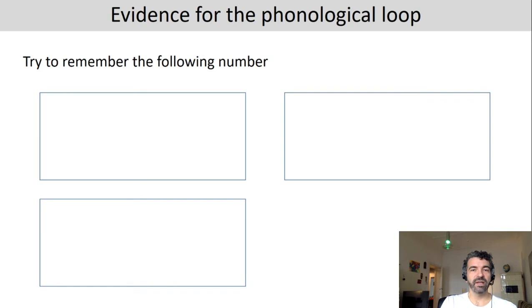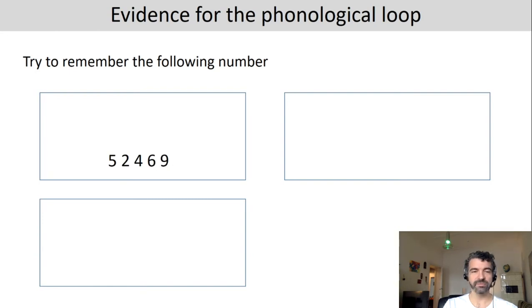Let's have a look at another claim that the working memory model makes, namely that there is a phonological loop. Again, something you can do at home. Try to remember the following numbers. Okay, here they are.